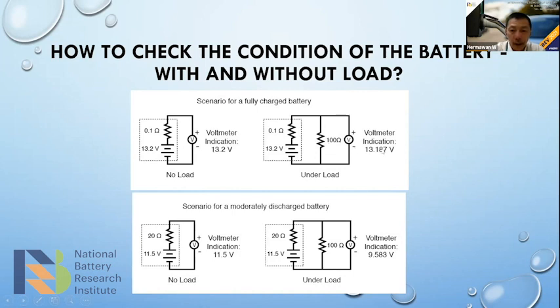It will go down because there is a resistance. Also, charging and discharging are different. You must understand that this makes a difference because there is internal resistance, and then there is a load. Whether charging or discharging, the indication will be different.